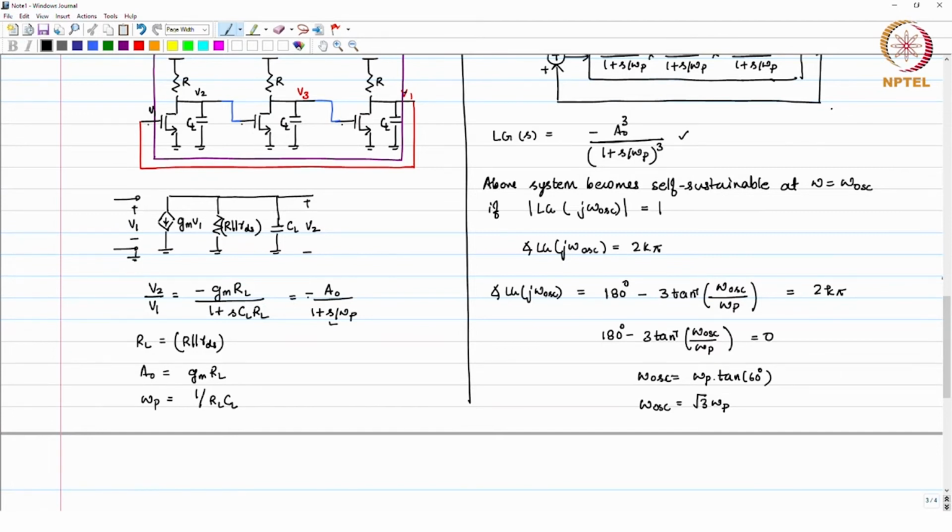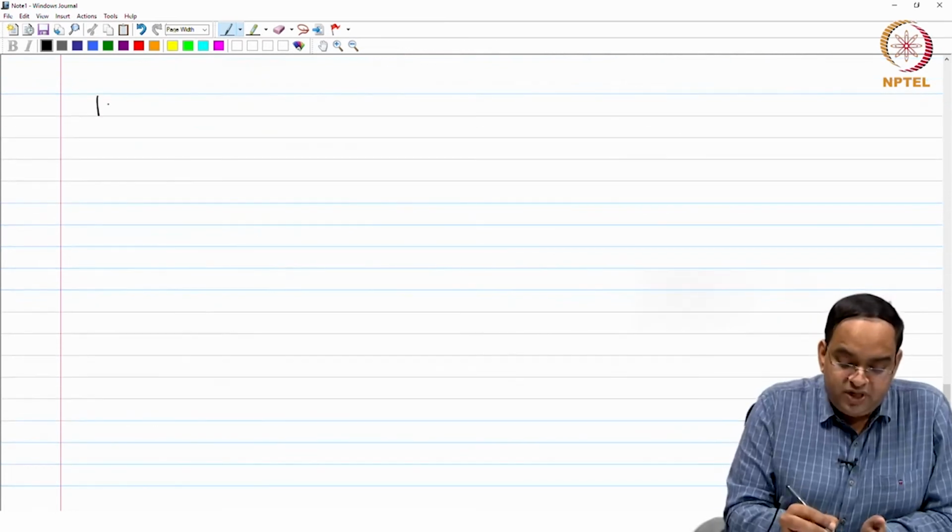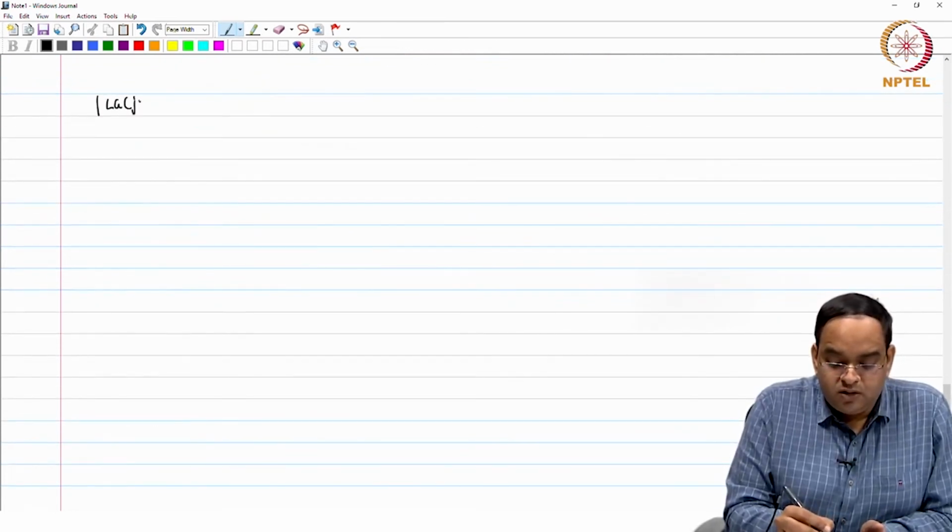Now, this is not the only condition. The other condition is that the loop gain should also be equal to 1. So, I have to find this.